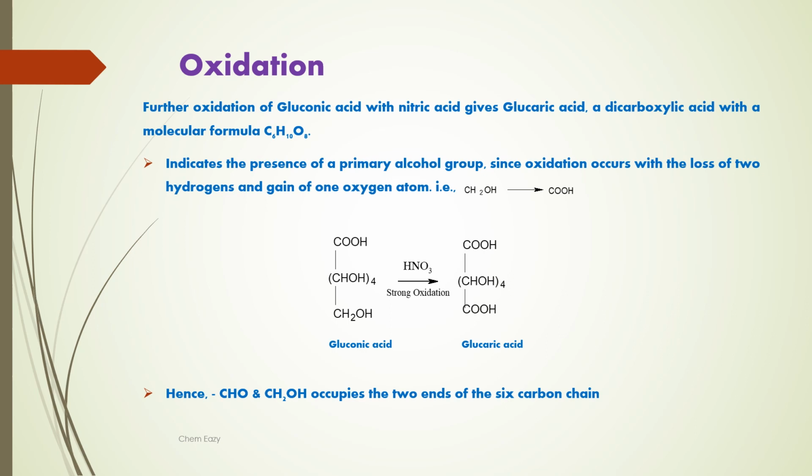Formation of this dicarboxylic acid indicates the presence of a primary alcohol group in the glucose structure, because on oxidation there is a loss of 2 hydrogens and a gain of 1 oxygen atom. The group CH2OH is converted to COOH. So the aldehyde and primary alcohol groups occupy the 2 ends of the 6 carbon chain of the glucose molecule.